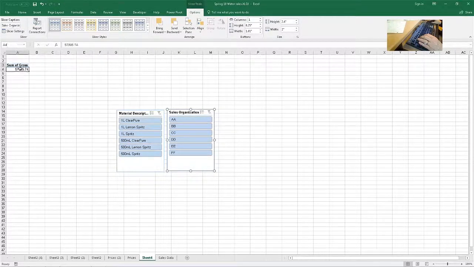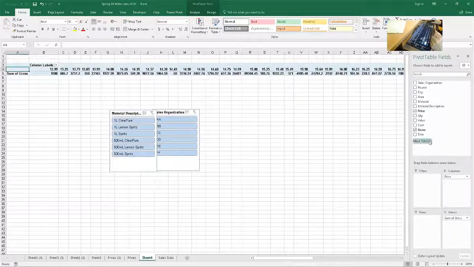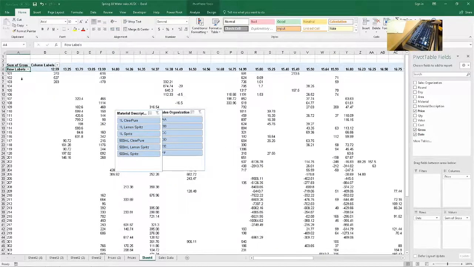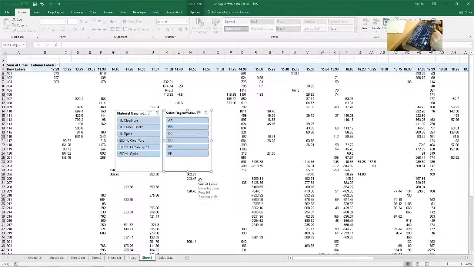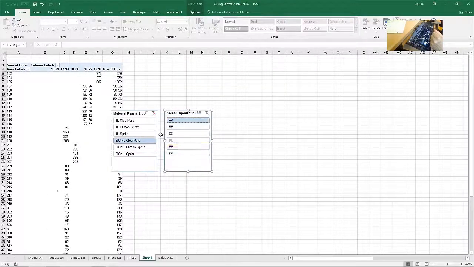And I'm interested in basically what prices produced what gross profits over time. So these are all the days, and these are the gross profits for all these products, for all these sales organizations. Well, let's pick one product and one organization.